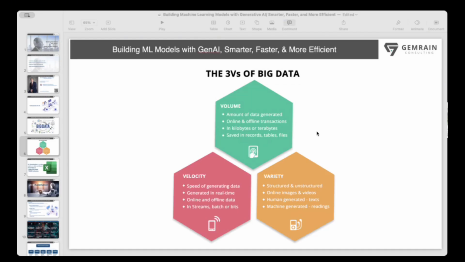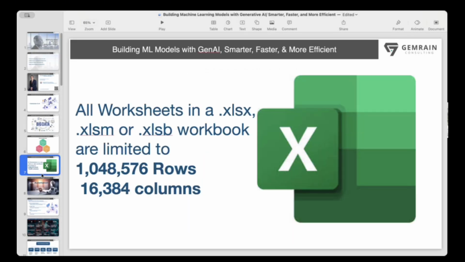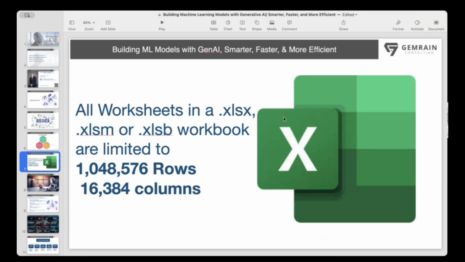All right. So how do you know you are dealing with big data? It is by looking at those V's. At the same time, the practical part: any data that you cannot handle.